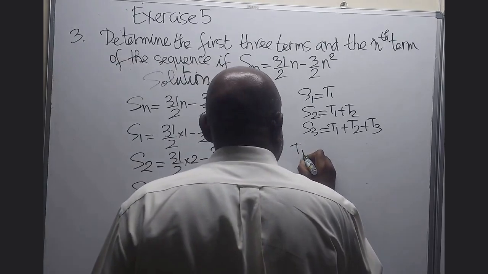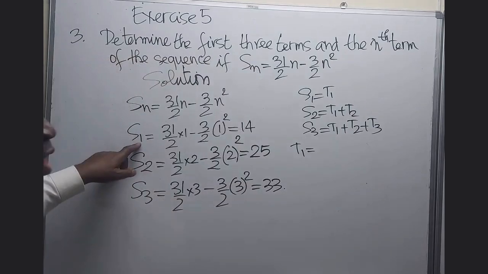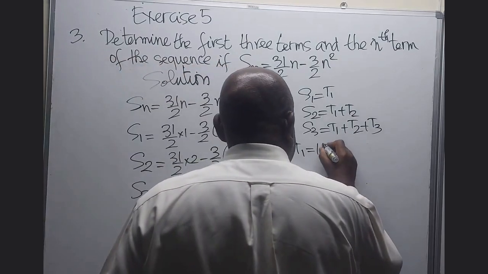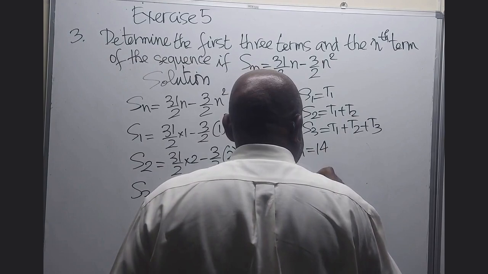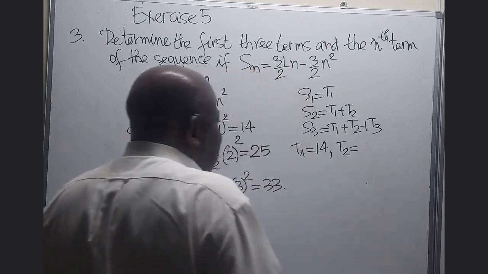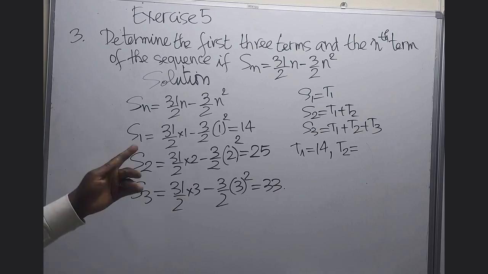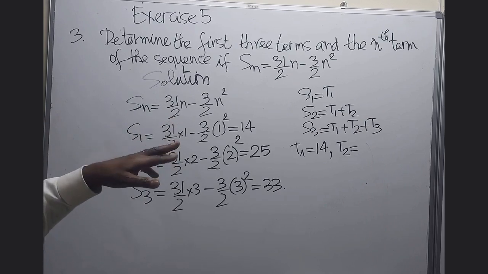T1, we have it already. T1 is going to be equal to S1, and that is 14. And T2, we know that S1 is equal to T1, which is 14. S2 will be equal to T1 plus T2.